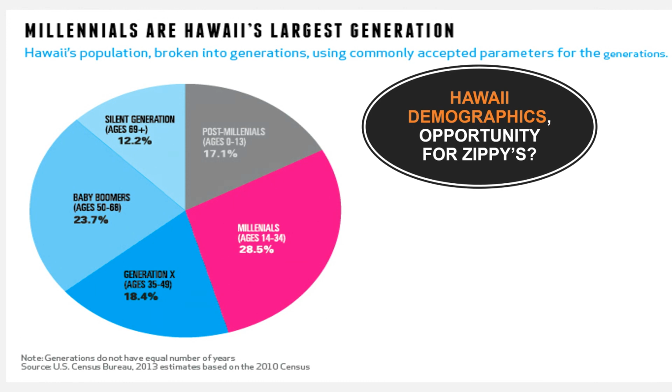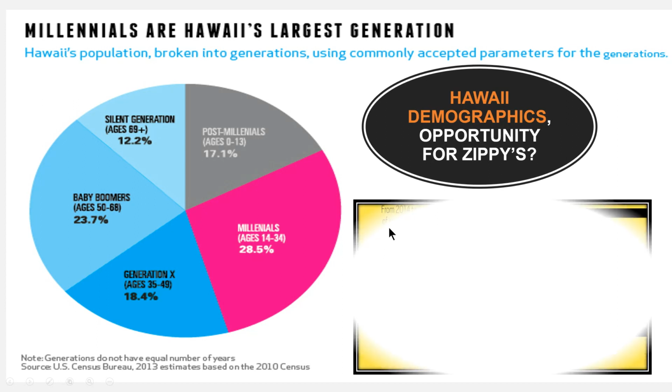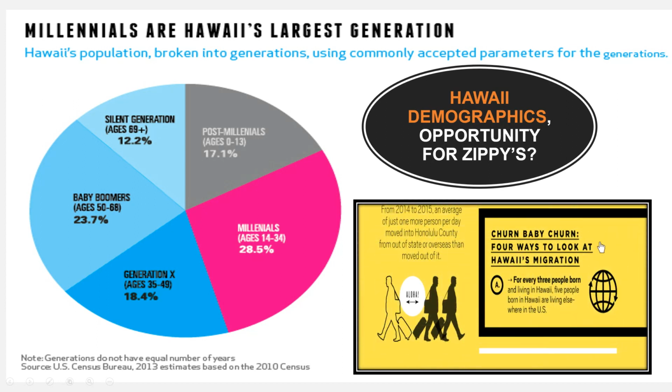We talked about the older generation increasing here, but we also know that as of today, millennials are the biggest and largest generation in Hawaii right now. So, how are we targeting the millennials? The marketing team should have an approach to millennials as well as to the baby boomers, etc. But they also need to take into consideration that these baby boomers are actually leaving Hawaii.